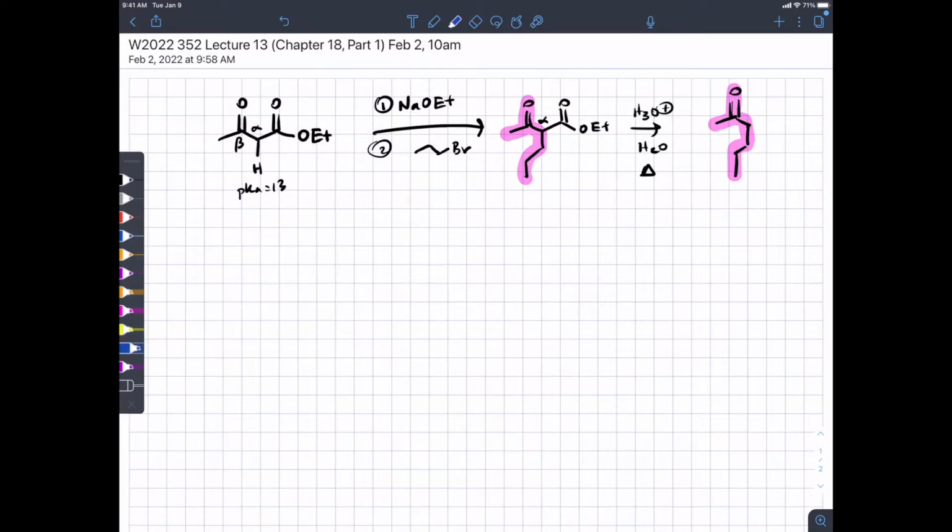And then where does this portion go? Well, we lose part of it as ethanol and then part of it as CO2. And remember, there were three things that happened here. First, you hydrolyze the ester, and that's a Chapter 16 reaction. Second, you do a decarboxylation reaction. And then third, you tautomerize from the enol back to the ketone.